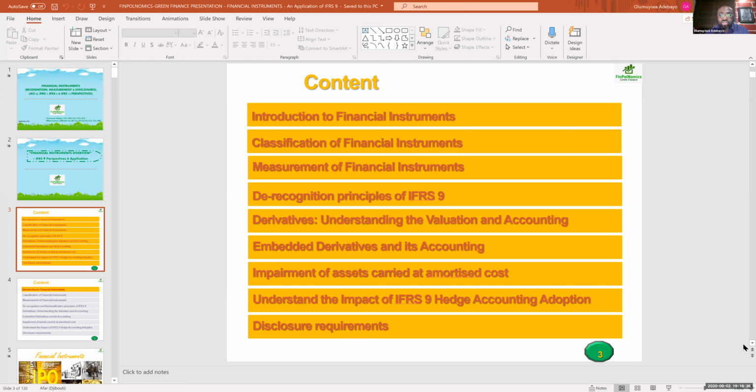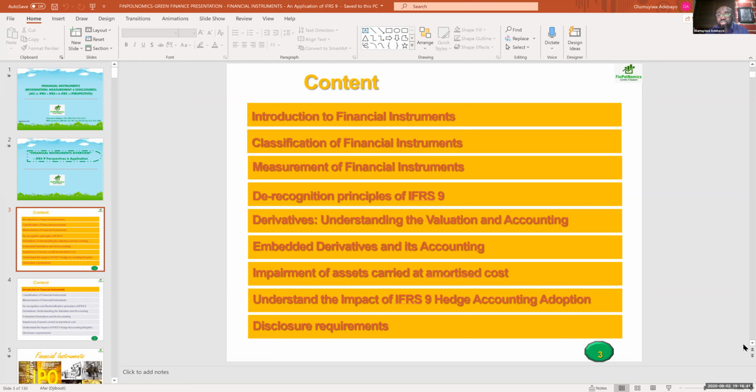We'll move further to discuss impairment of financial assets with respect to adopting the expected credit loss model. And we'll look a little at hedge and hedge accounting, even though at this level of financial reporting for skills under ICAN, you only have an introduction to hedge accounting.